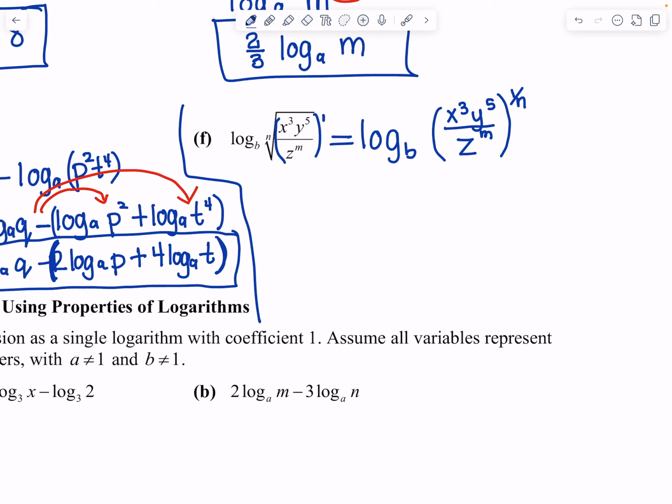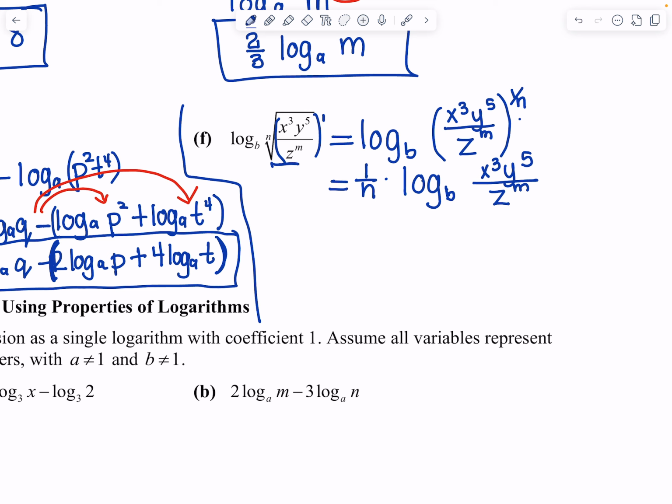I'm now saying 1 over n times log base b of x cubed y to the fifth, all that over z to the m. That's what we get there. And if you want to, you can put it back in parentheses, but I just put it in parentheses to rewrite it from a radical to an exponential.